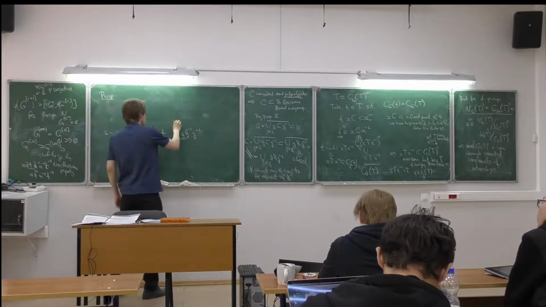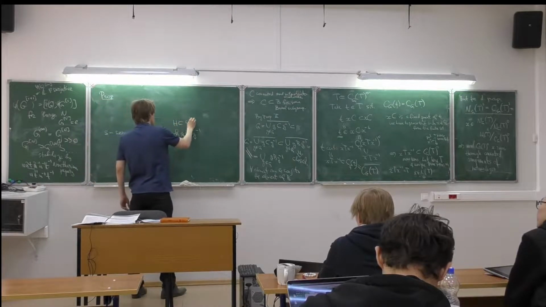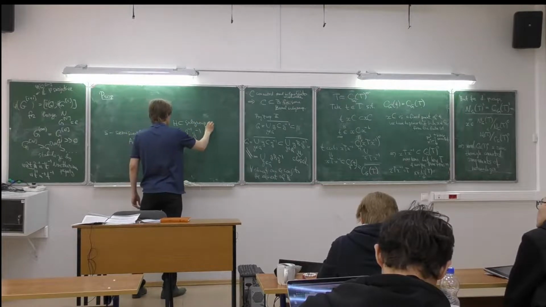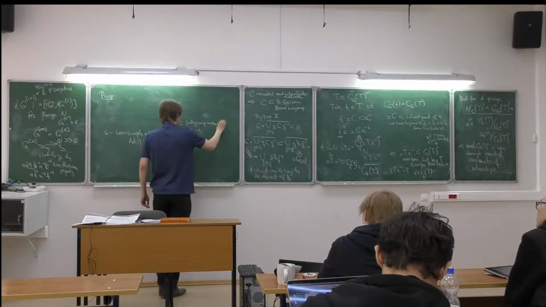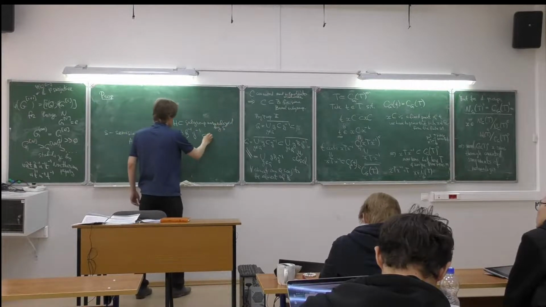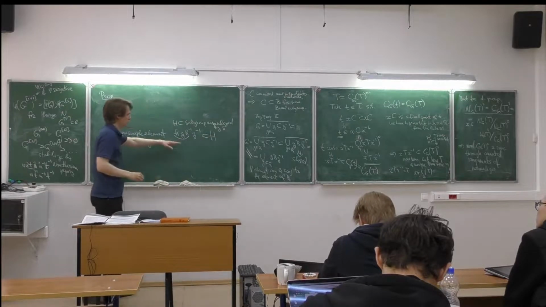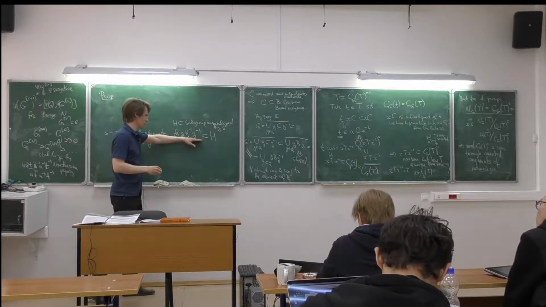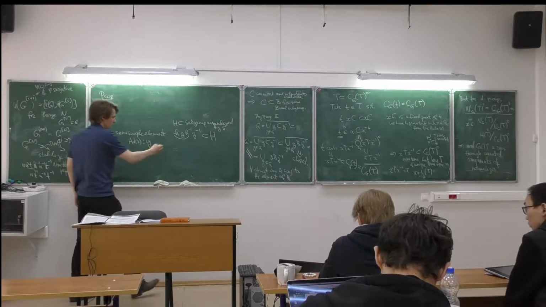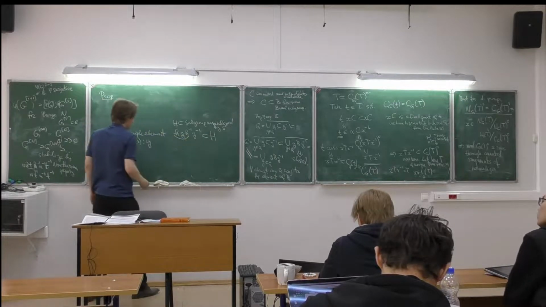So if H is a subgroup normalized by S, then this is an orbit, the translation of the orbit by g inverse inside H, so it lives inside H.